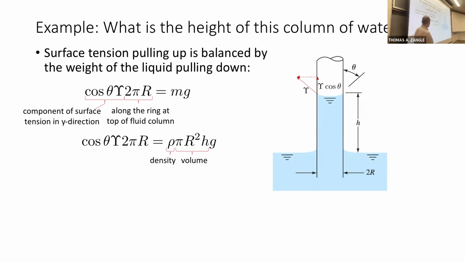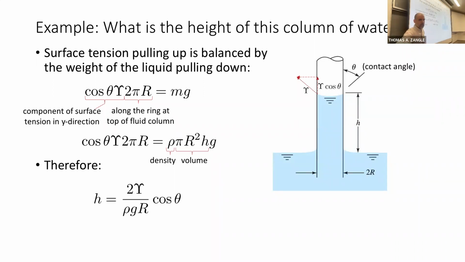Now we have an expression that we can use to solve for h, the height of the fluid column, which is the thing we want to know. We do some rearrangement, and we end up with h equals 2 gamma over rho g r times cosine theta.